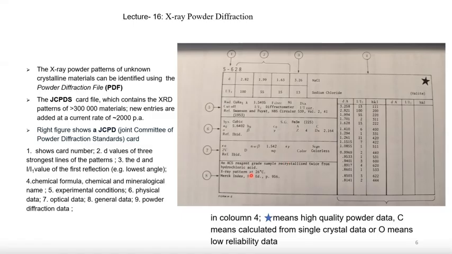There it is. And then the last one, the 8th, is what type of reagent we used for preparing this sample. That's what is given here. And these are the D values and relative intensities, and then the hkl values, the Miller indices of these. This is what the powder diffraction file, or JCPDS card, looks like.